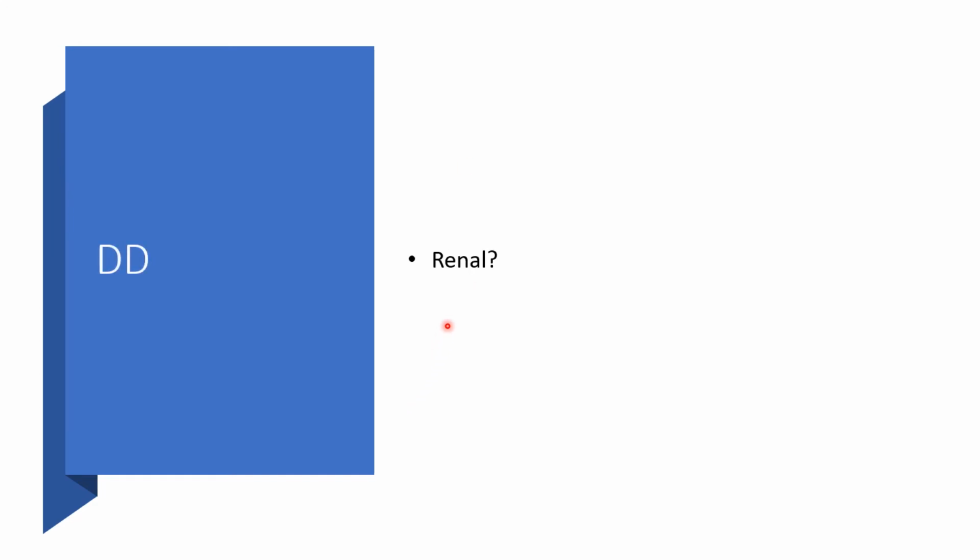Are we dealing with problems along the renal system or genitourinary tract? Then let's consider UTI, glomerulonephritis, cystitis, renal cell carcinoma, bladder carcinoma, could be as a result of trauma. Is there gonorrhea here? Is there tuberculosis of the renal system?